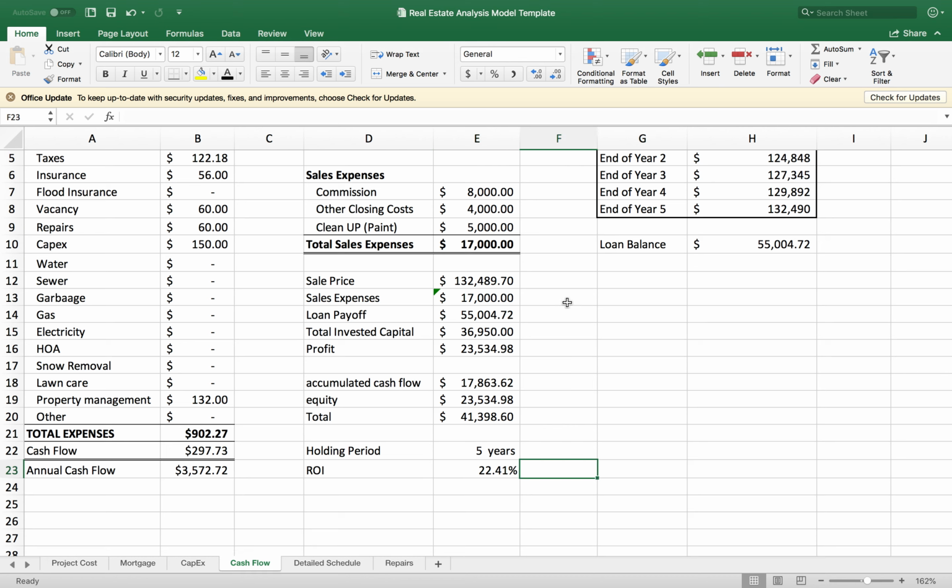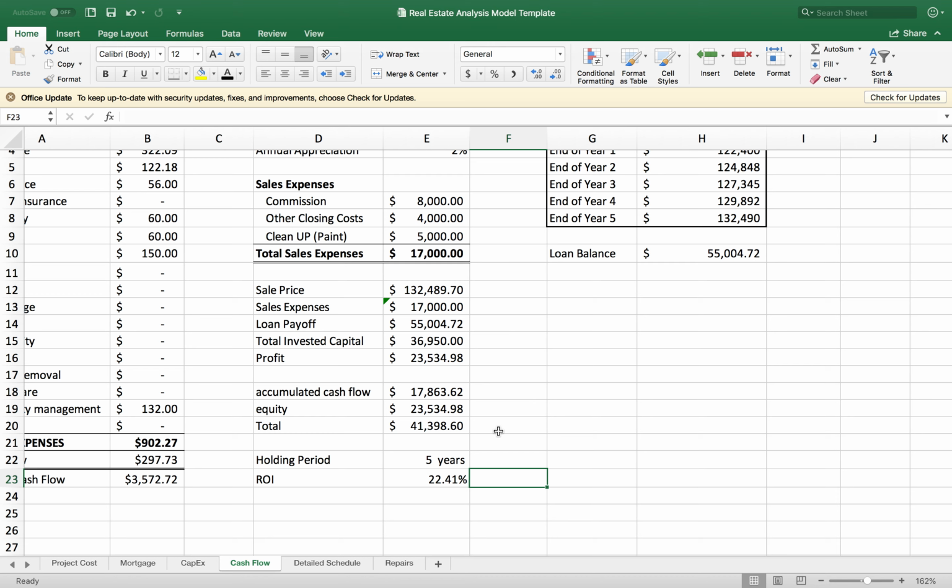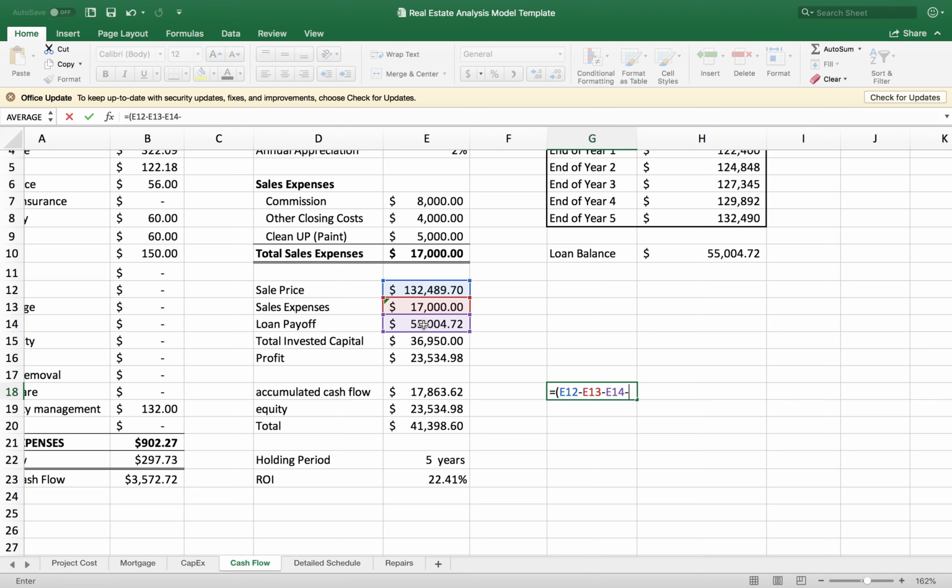Okay, and another way that you can calculate this to make it more detailed is with an actual formula. You can do this on a sheet of paper if you don't have Excel. You want to start with your sell price. You're going to subtract your selling expenses, subtract your loan payoff, and subtract your initial investment.